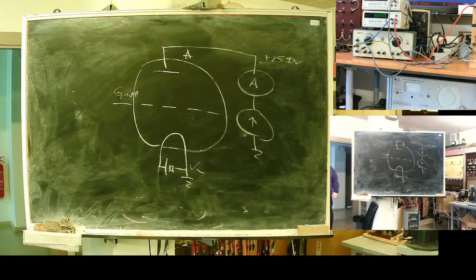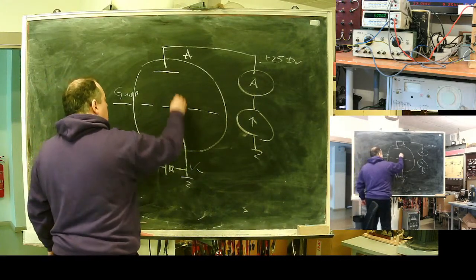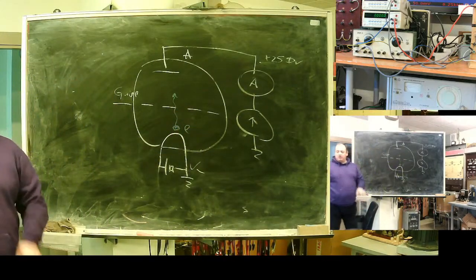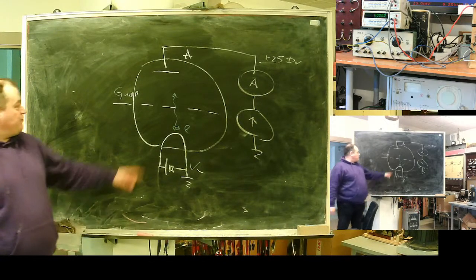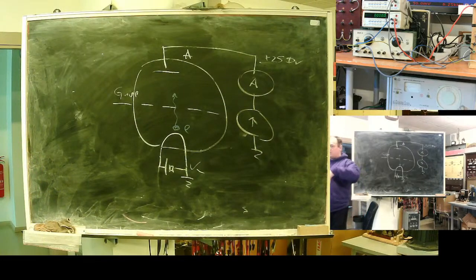Plate is under high tension. Some electrons can leave the cathode. Electrons have negative charge, yeah? What if the grill has negative charge too? It will push electrons back, yeah? And if positive, it will accelerate them.